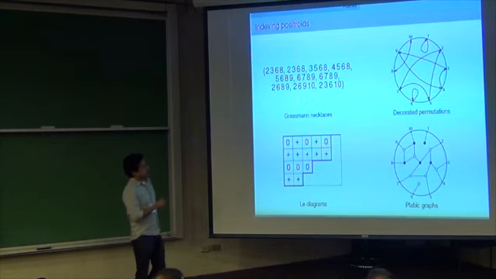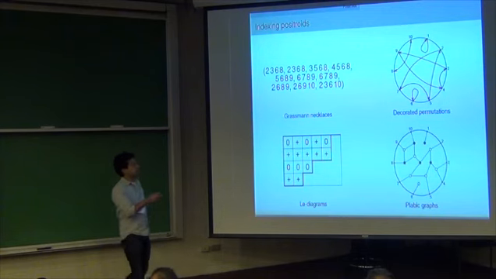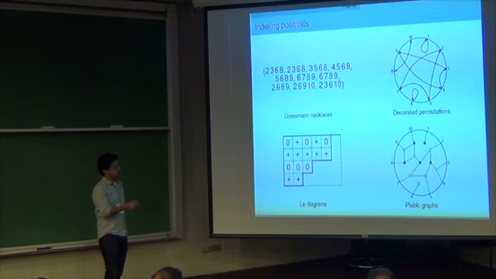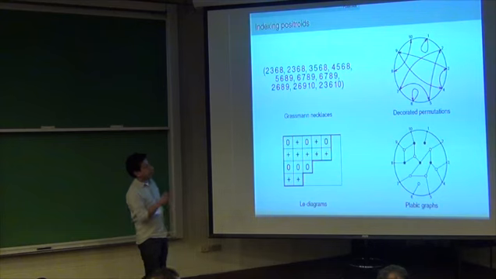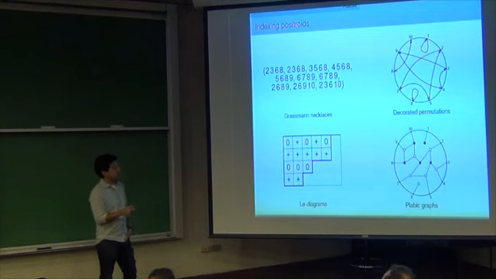And you can encode such sequences of subsets, such Grassmann necklaces, by something called decorated permutations. A decorated permutation is just a permutation of your ground set from 1 up to n, but you're allowed to have two different kinds of fixed points. You can have either clockwise fixed points or counterclockwise fixed points.